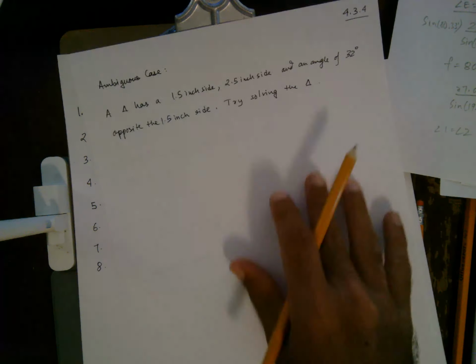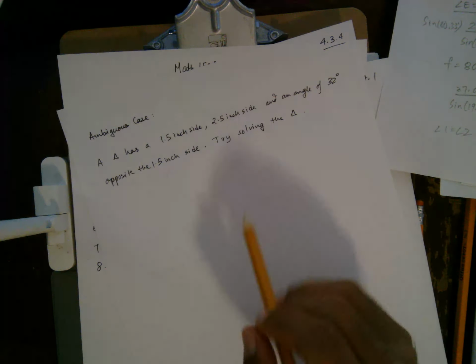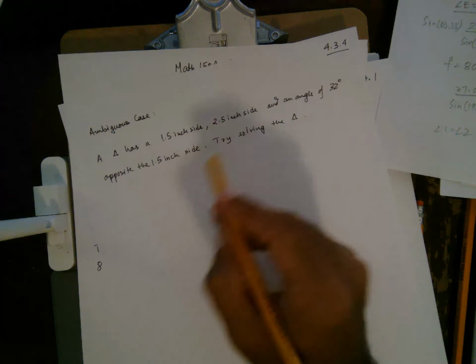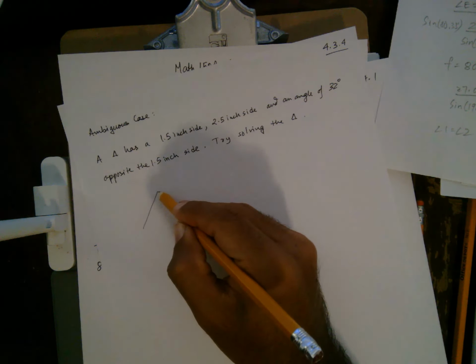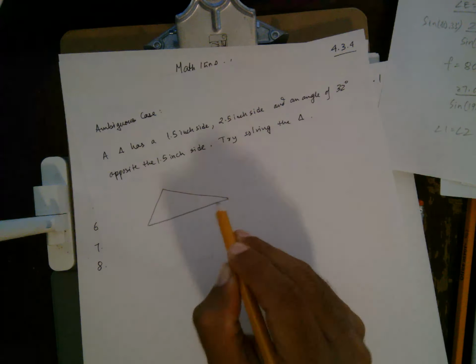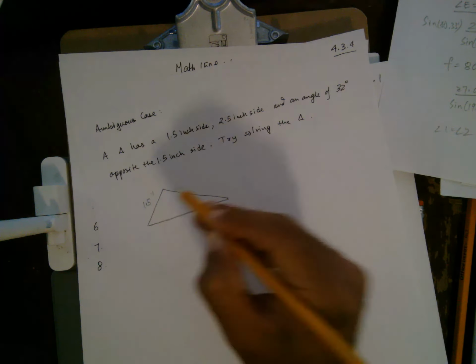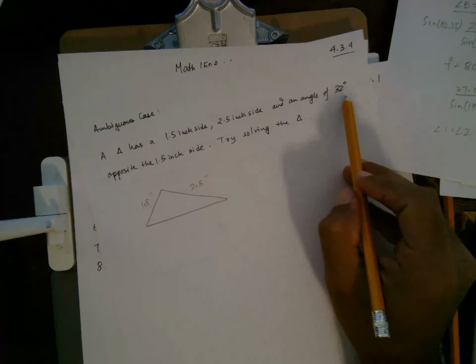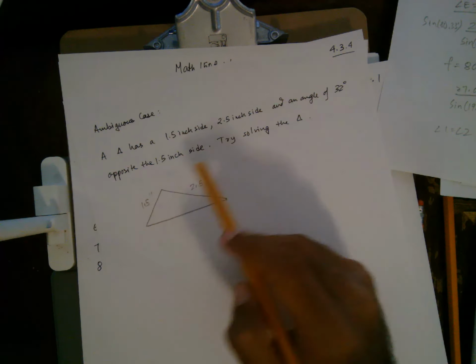Alright, now one last comment on sine law is there's a situation called an ambiguous case. So let's try to solve this problem. It says there's a triangle that has a 1.5 inch side and a 2.5 inch side, and an angle of 32 degrees, which is opposite the 1.5.